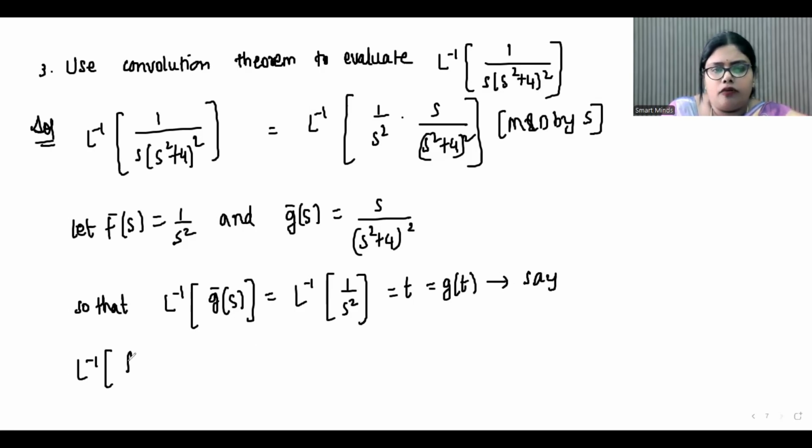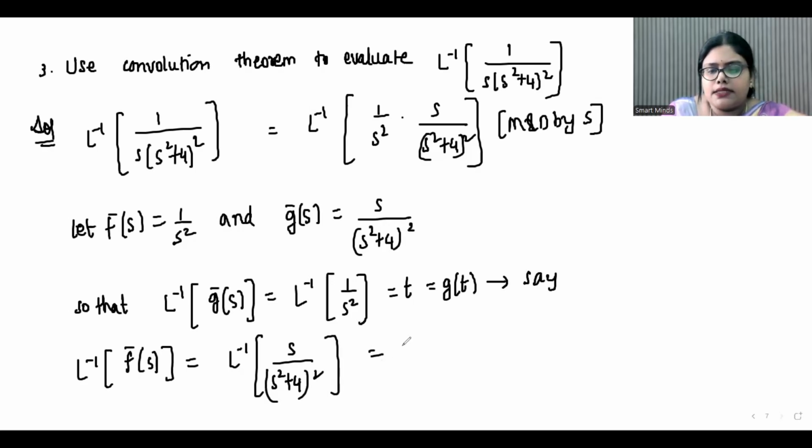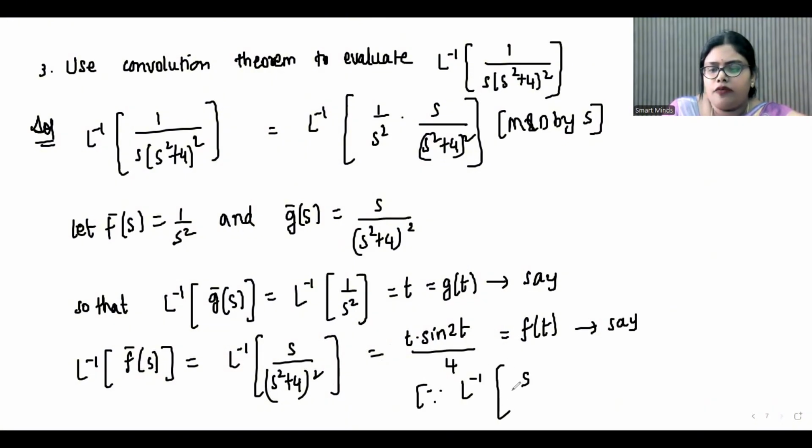Now L inverse of s by (s square plus 4) whole square is t into sine 2t by 4, which is f of t, since L inverse of s by (s square plus a square) whole square is t sine 2t by 2a. This is the formula which I applied.